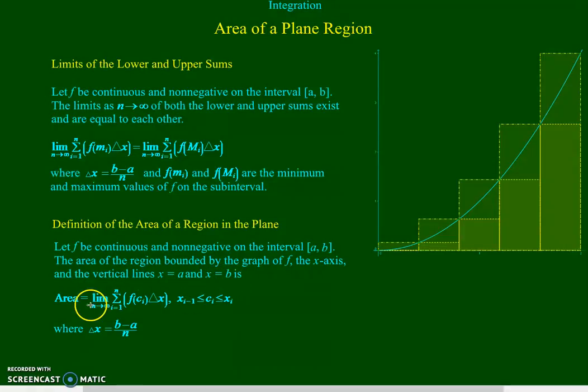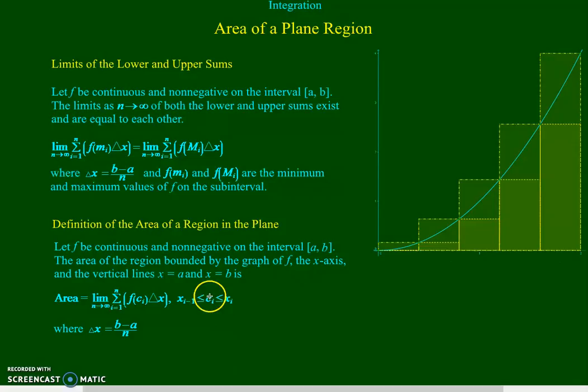This is the area of the region under that curve, and it's given by the limit as n approaches infinity, as the number of subintervals approaches infinity, of the sum from i equals 1 to n of f of c sub i, being any value within this subinterval, or in any particular subinterval, times the width of each subinterval.